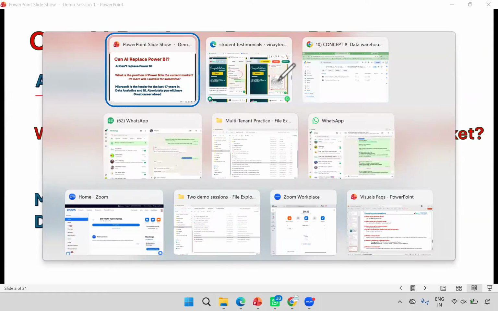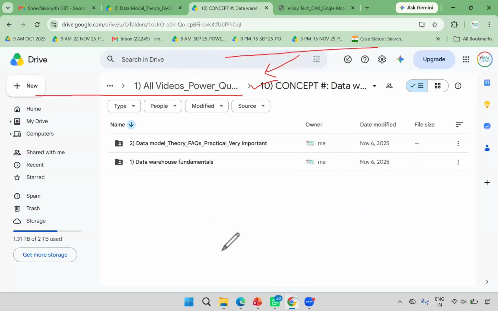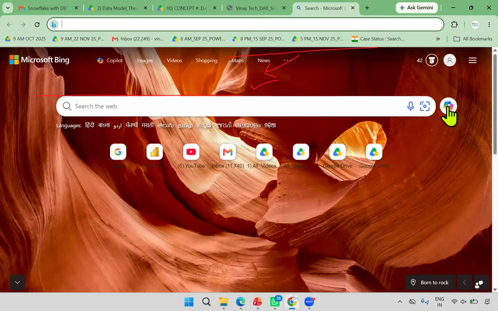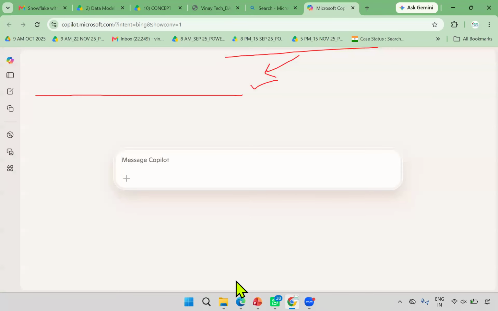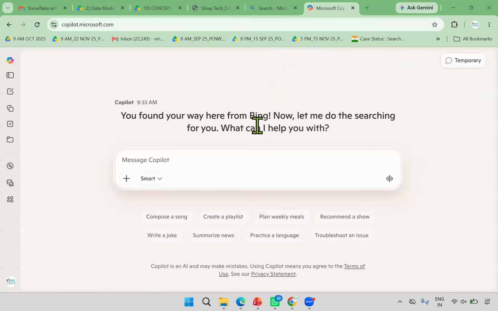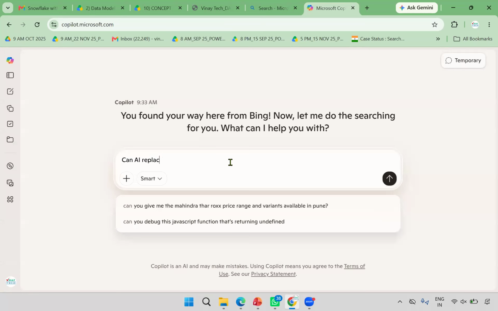Sir, how can I believe? We'll ask AI only. Please look at that. See, this is Google Copilot, an AI assistant, and I'm typing here: Can AI replace Power BI?